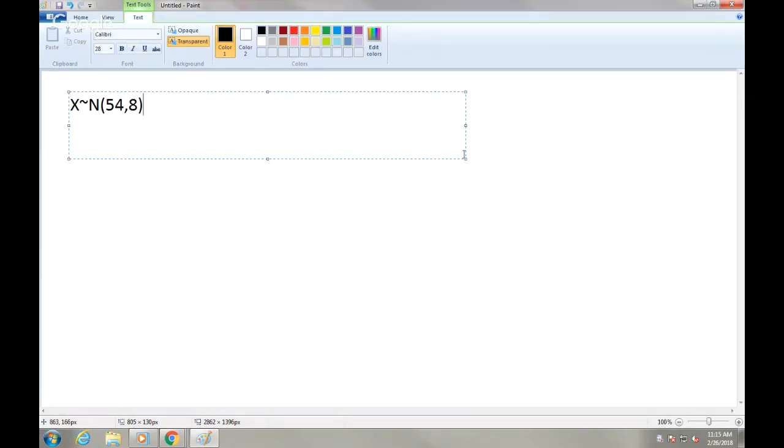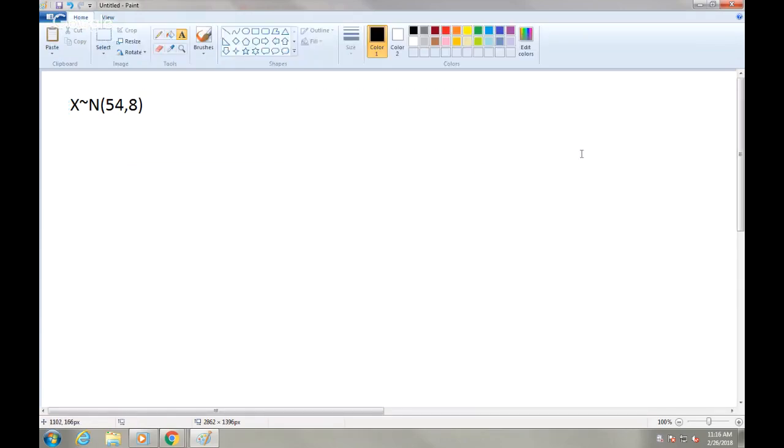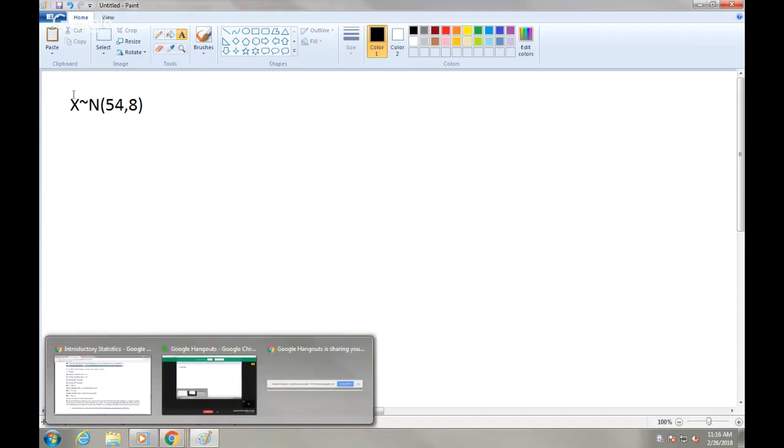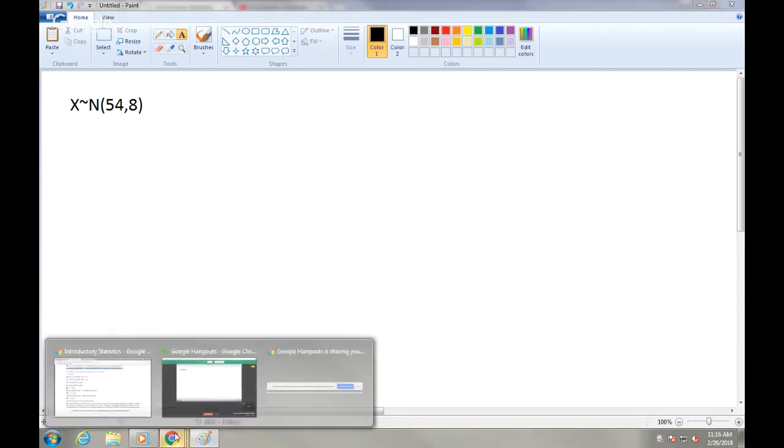Which means normal distribution with what's equal to 54? The mean, or mu, is equal to 54. Standard deviation sigma is equal to 8. Population mean mu 54, population standard deviation 8, with a normal distribution.